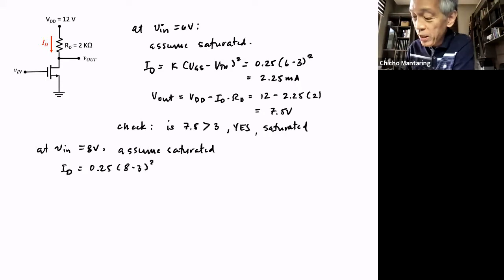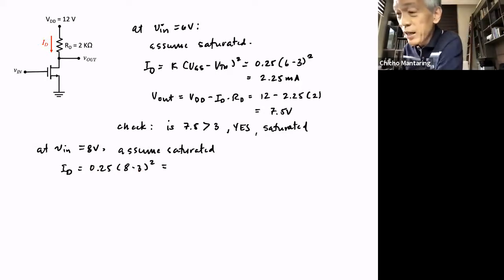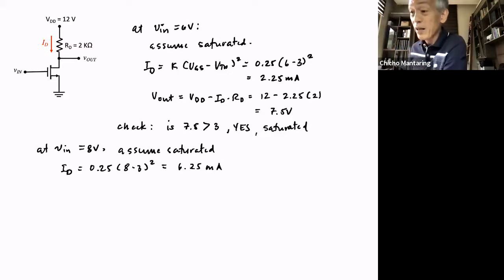No? So K (VGS minus VTH) squared. So 0.25 times 25. Okay, so what will this be? Okay, sorry, I have it pre-calculated in my notes, no? 6.25 mA.